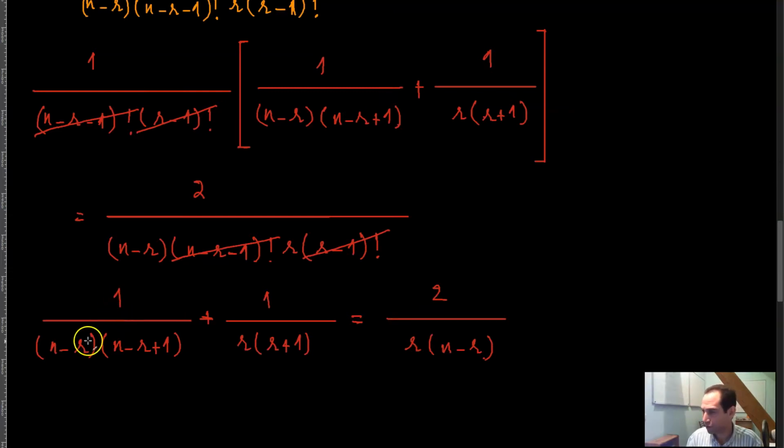So I have 1 over (n minus r) times (n minus r plus 1) plus 1 over r times (r plus 1) is equal to 2 over r times (n minus r). That's basically what we have here.